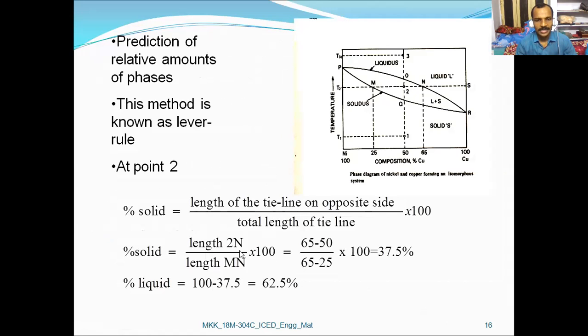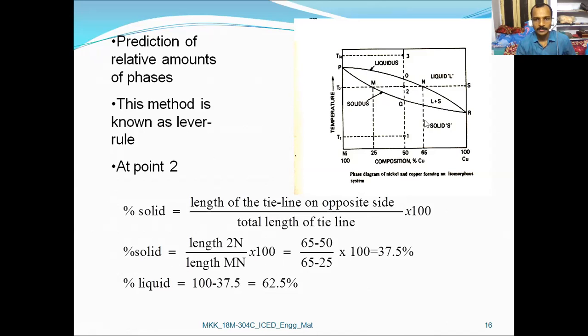So length, which is given by 2n, this is the 2n tie line, and the total tie line is mn. 2n is length of the tie line on opposite side, and mn is the total length of the tie line. So percentage of solid can be calculated as length 2n by length mn into 100.